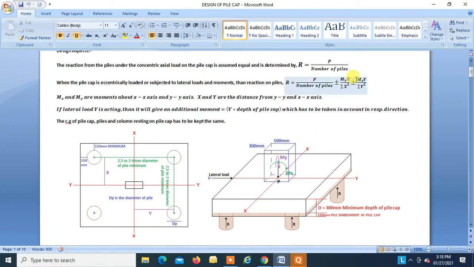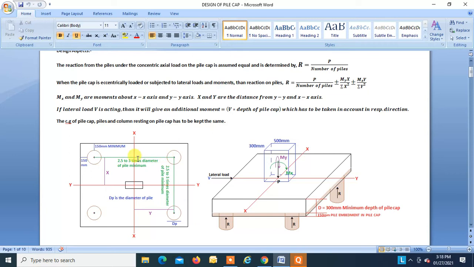Plus or minus Mx into y. This is our moment Mx, and this is the distance y of this pile from the CG of the pile cap. So Mx into y divided by the square of this distance, from the center of this pile to the CG of the pile cap.